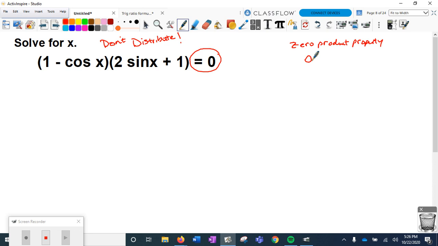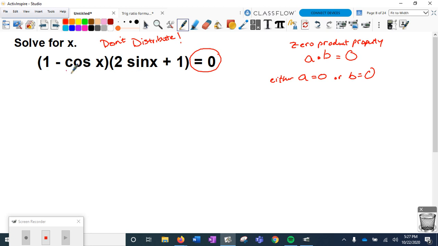If I'm multiplying two things together and I'm supposed to get 0, the only way for that to happen is if either A equals 0 or B equals 0. If one of those two things is 0, this will become a true statement. This is called the zero product property, and that's why we're not going to distribute.